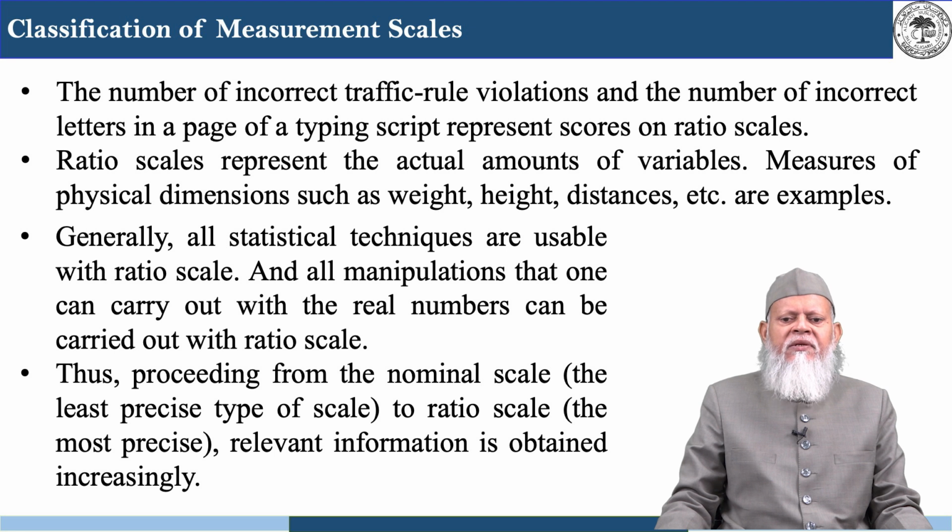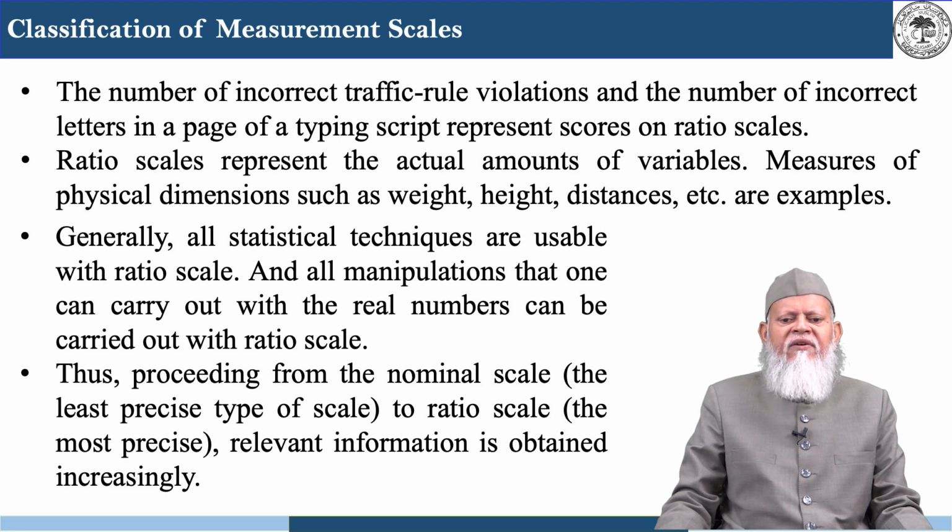Generally, all statistical techniques can be used with ratio scale measures, but one has to be careful to carry out operations with real numbers. Any kind of statistical technique can be utilized for the measurements that are done through the ratio scale.